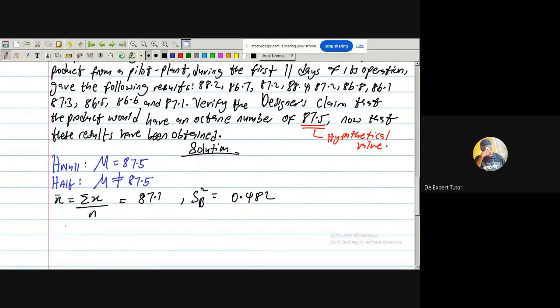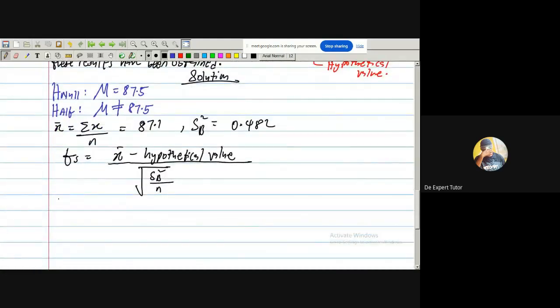So my test statistic equals what? X bar minus the hypothetical value, all over the square root of variance over the number of samples you have. So we have 87.1 minus, what's our hypothetical value? 87.5.